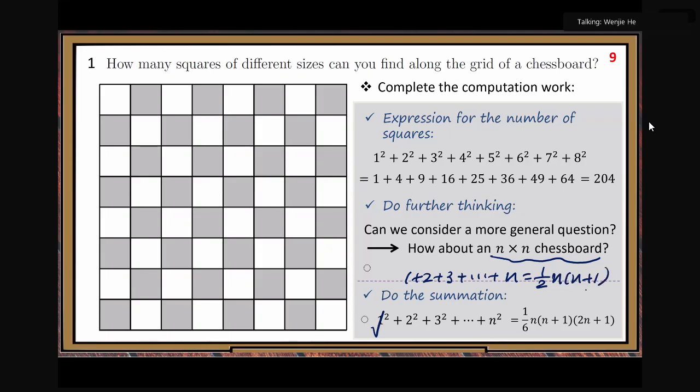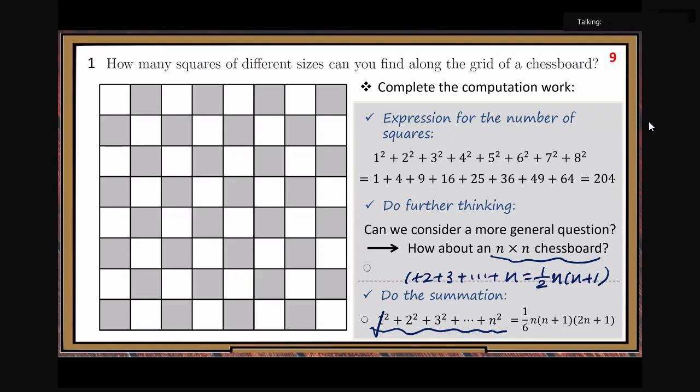Then the next one is this one, and then it's much harder. You need some special, very smart trick to find it.